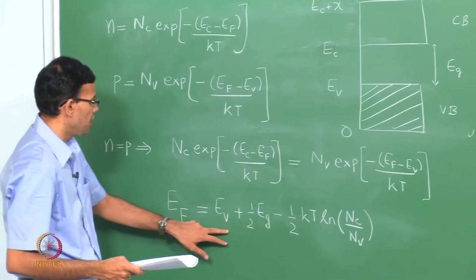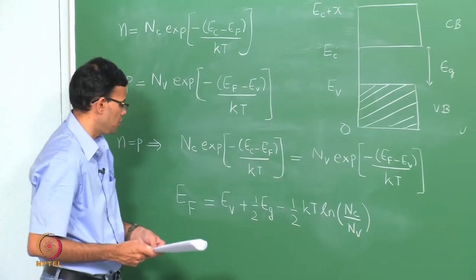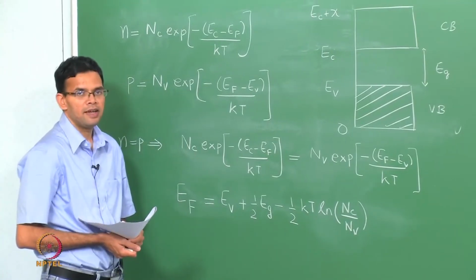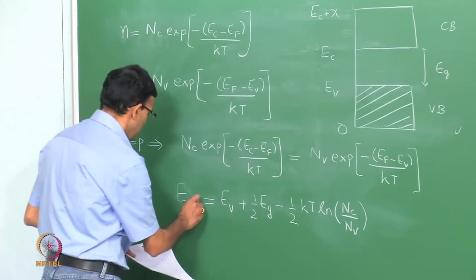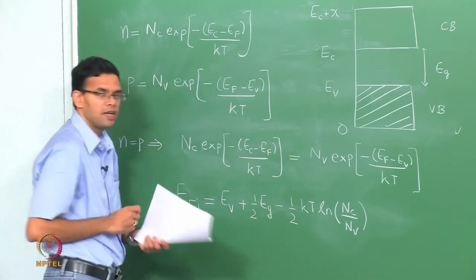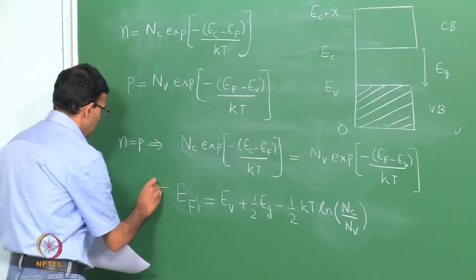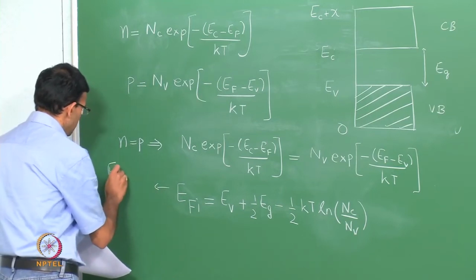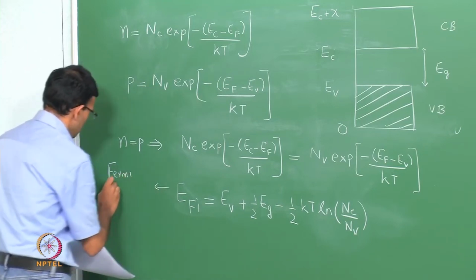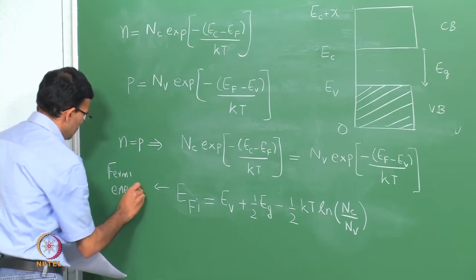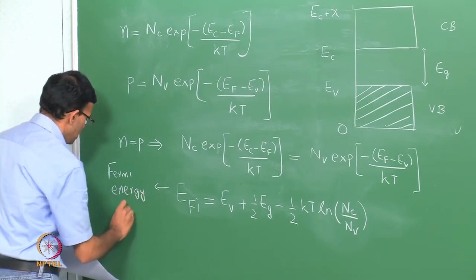You can get this by just rearranging this expression. Since we are looking at an intrinsic semiconductor, this is usually denoted as EFI, so that this is the Fermi energy of an intrinsic semiconductor.